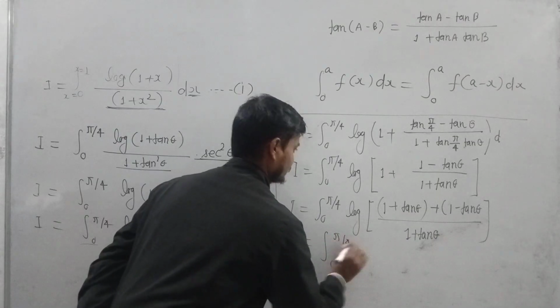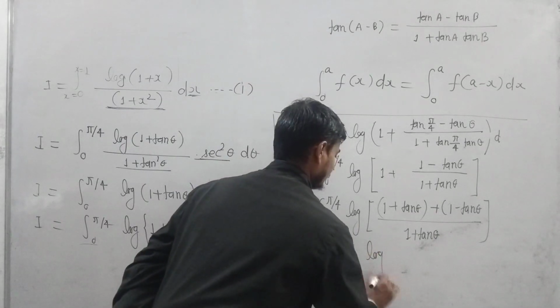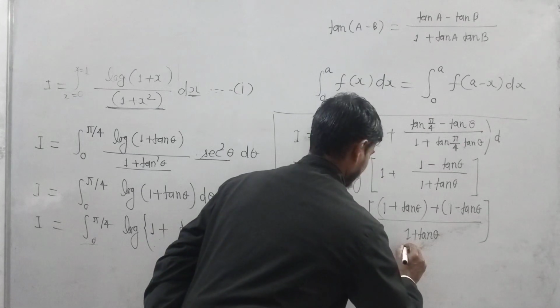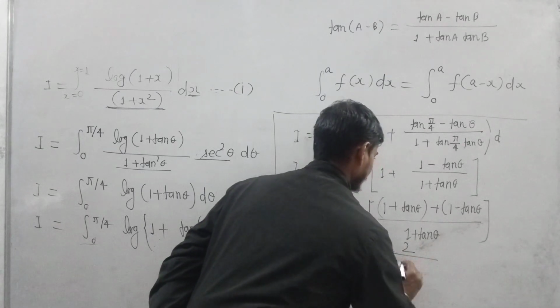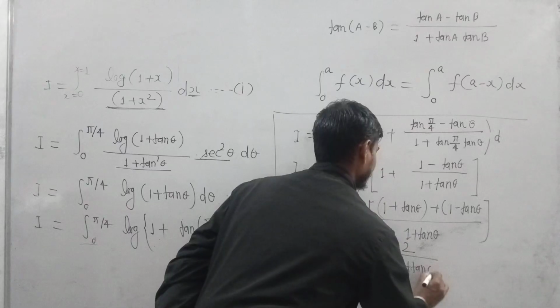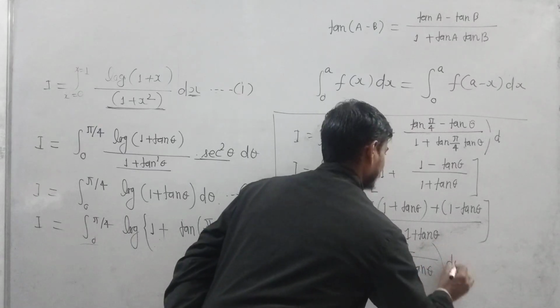This gives log 2 upon 1 plus tan theta d theta.